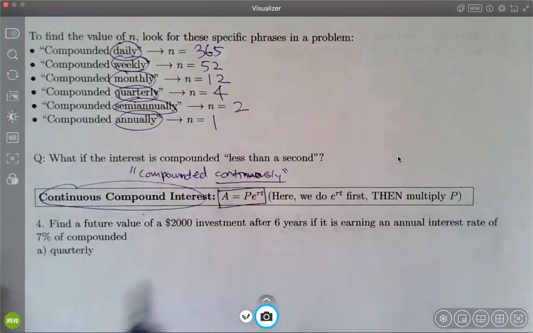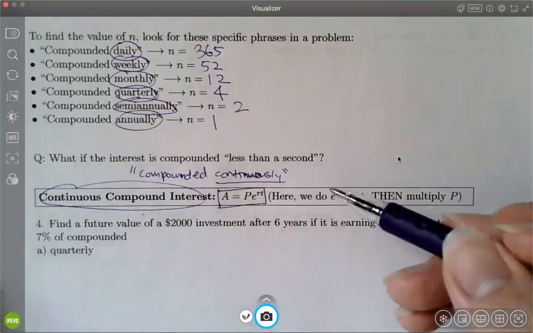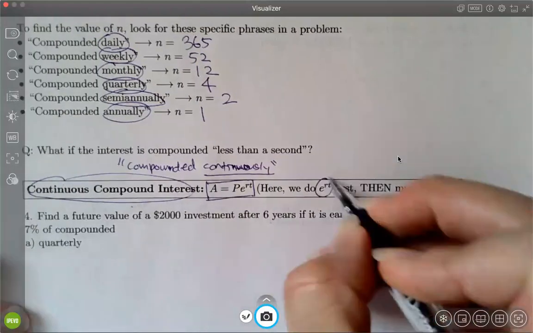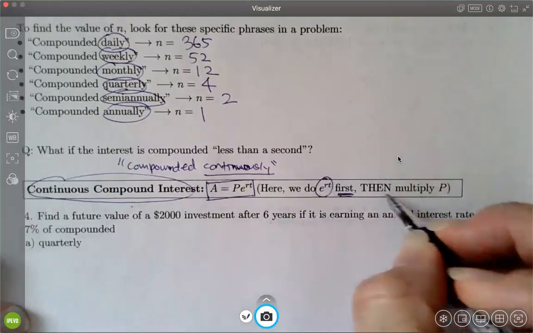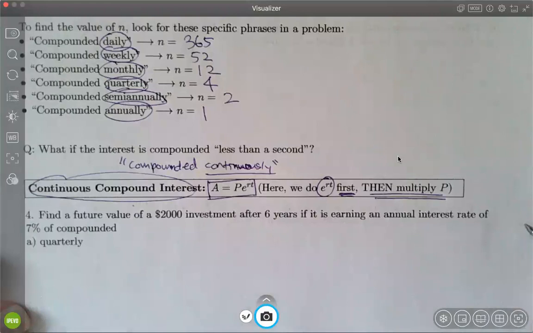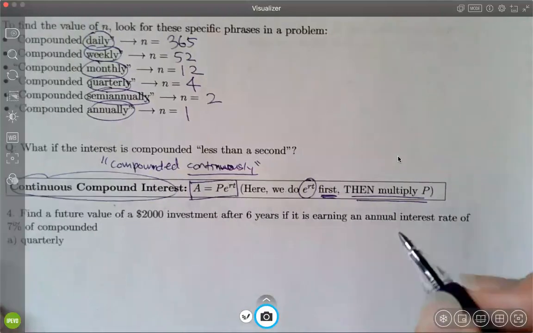A is equal to, sometimes people say PERT, P times e to the RT. Here be careful with PEMDAS. We do e to the RT first and then multiply P in front. What does that E stand for? E is the natural number.